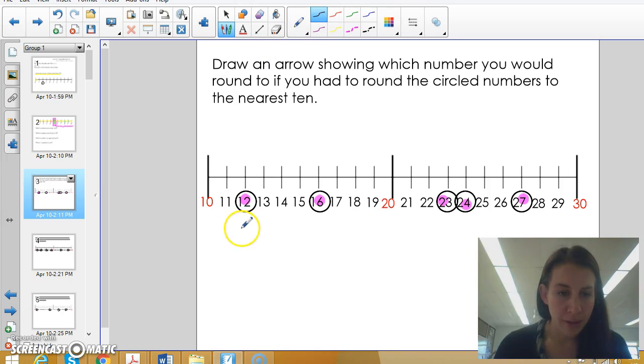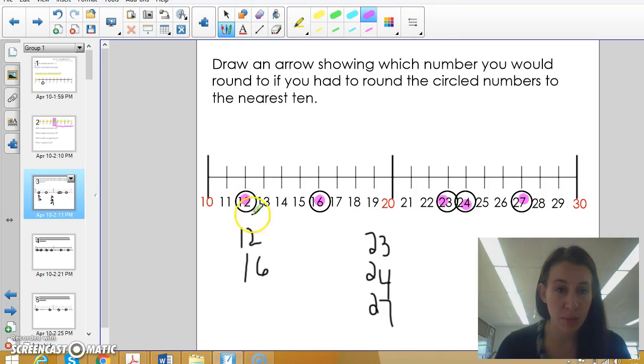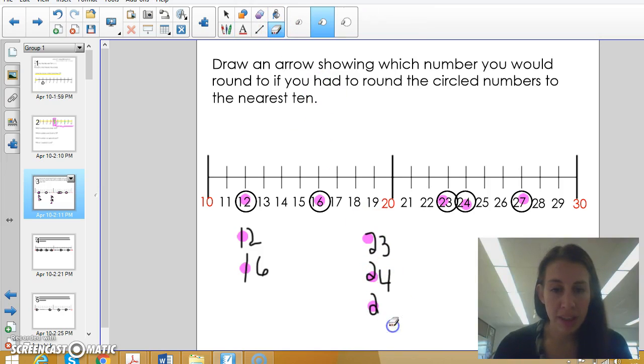So I want to look at the tens digit in each of these numbers: ones, tens, ones, tens, and so on.